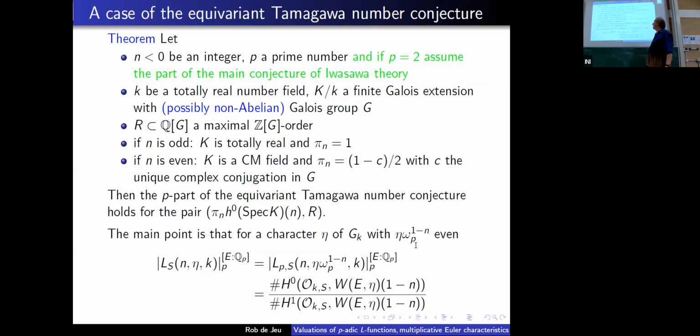I think this is the version of Burns and Flach. Why do they call it Tamagawa? That I don't know. Maybe because in the end it started with Tamagawa. Maybe Fontaine and Perrin-Riou were earlier in this game.